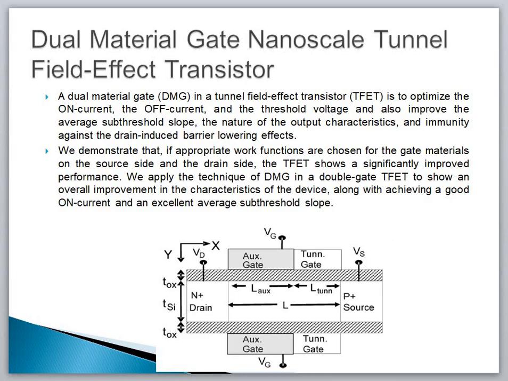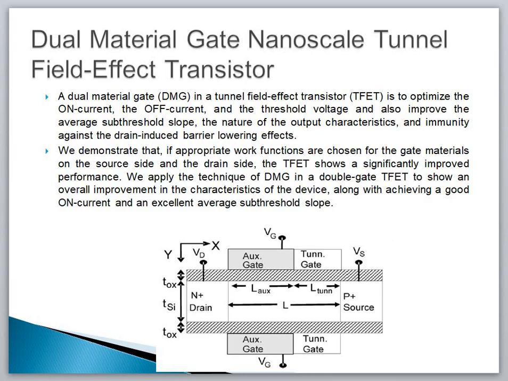A dual material gate also reduces the short channel effect, especially DIBL, drain induced barrier lowering effect. There are a number of advantages of using dual material gate in comparison with the single material gate.